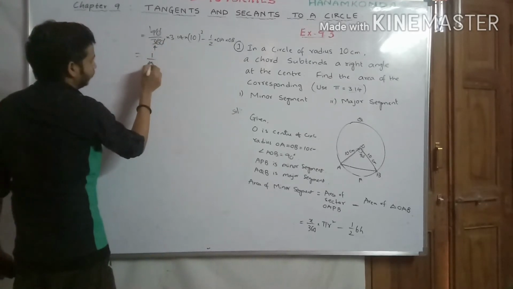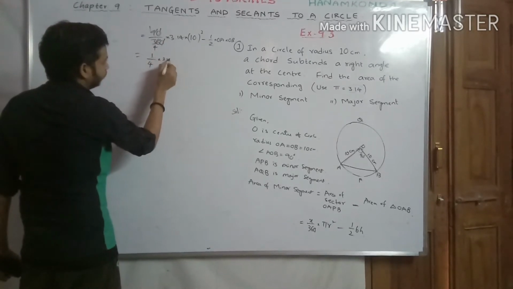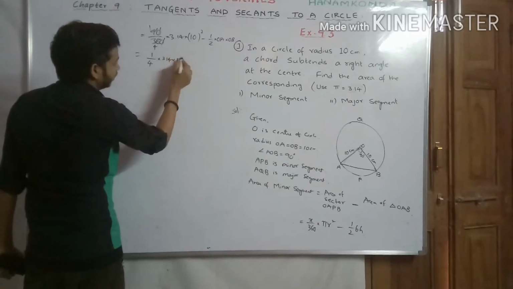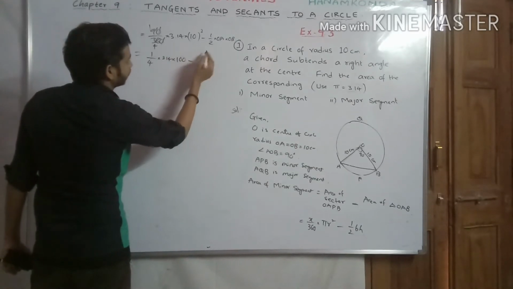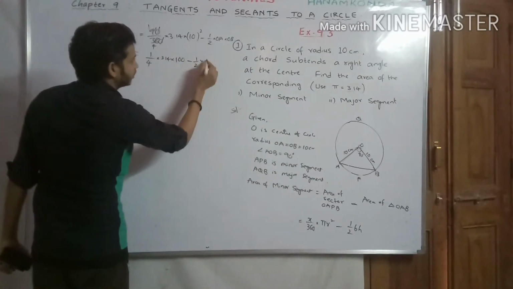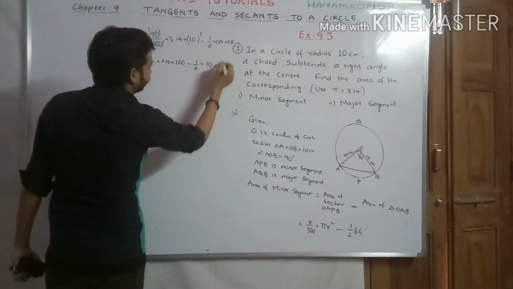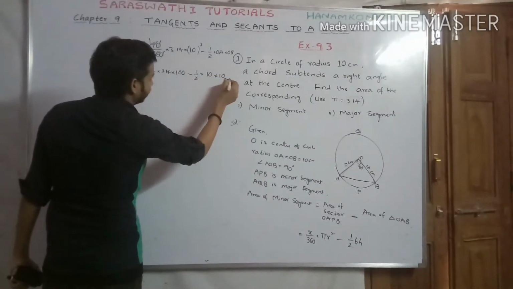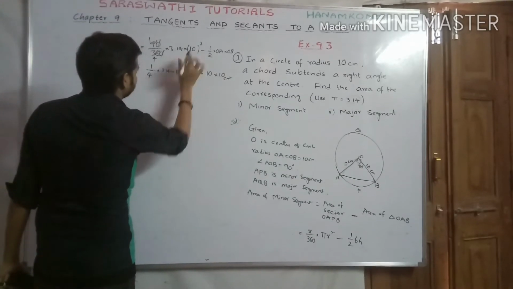So 1 by 4 times 3.14 times 10 squared, which is 100, minus half times OA, which is 10 centimeters, times OB, which is 10 centimeters. The units are centimeter squared.